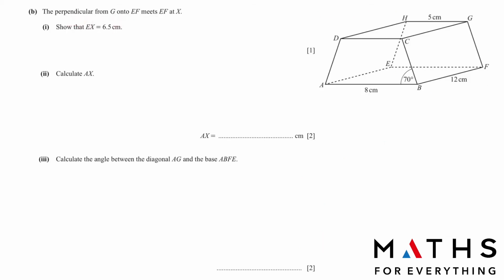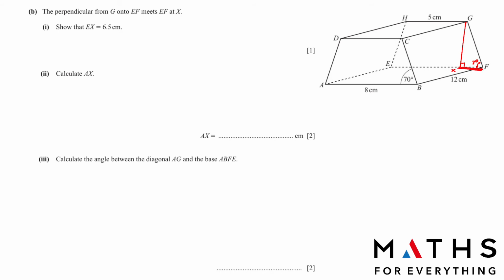The perpendicular from G onto EF meets EF at X. Let's just draw it. So this is our X, and we have to find that EX is equal to 6.5. We already used this side of the triangle. We know that when we drew the perpendicular line, this was 1.5.